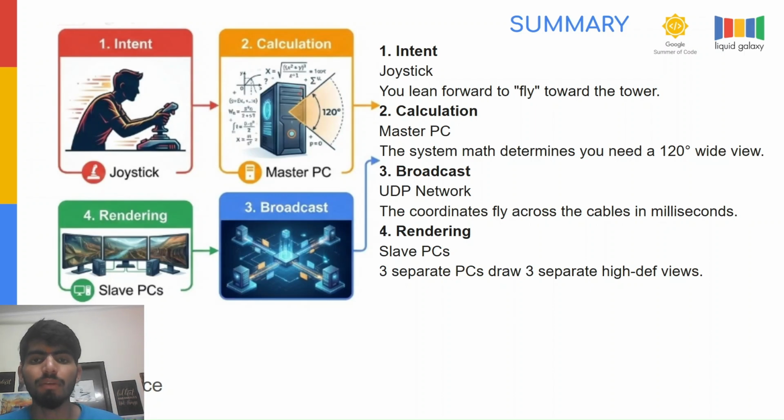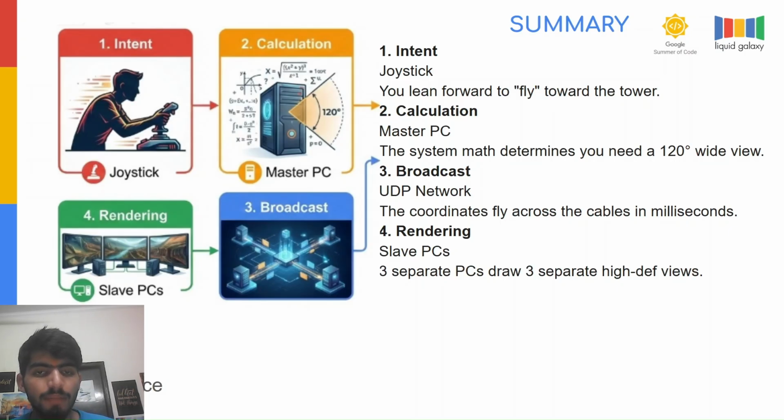Then the master does all the calculation, basically what angle of view the leftmost screen will be covering, what angle of view the rightmost screen will be covering, what the camera preferences are, and these are bundled by the master.